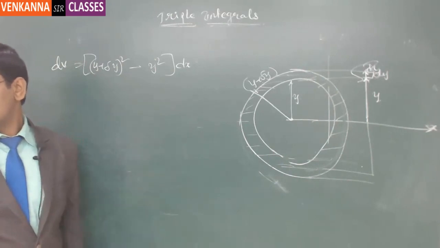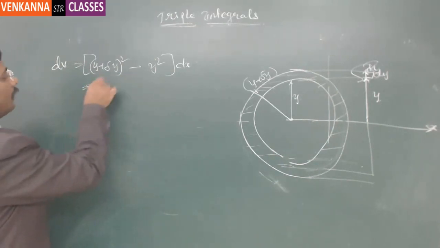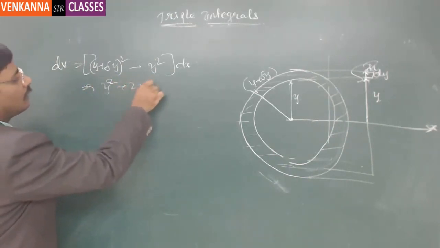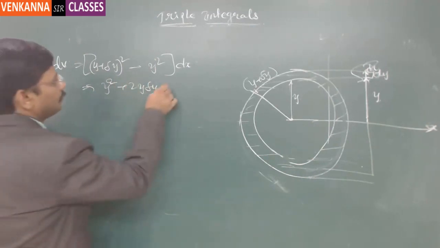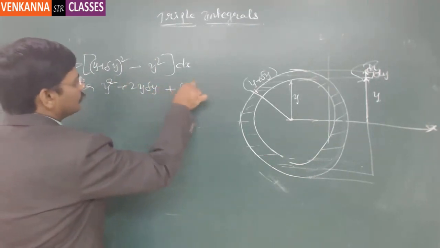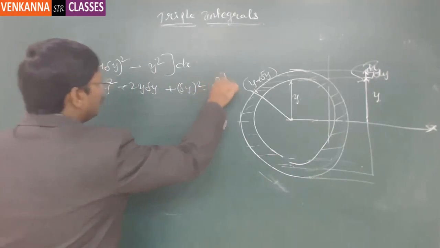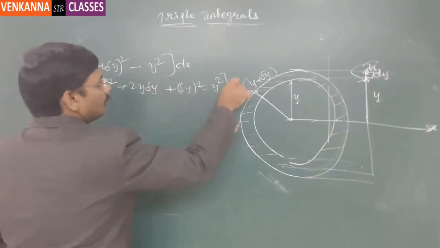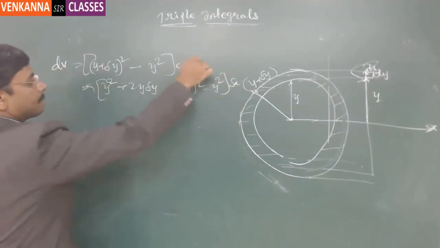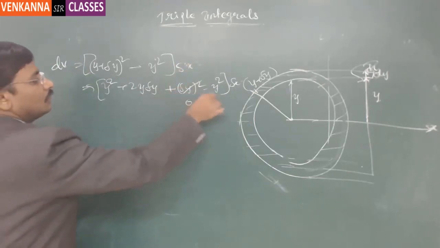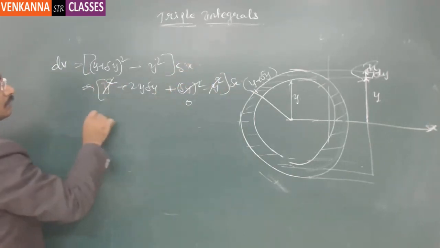Then this will be y square plus 2y delta y plus delta y whole square minus y square, into delta x or dx.